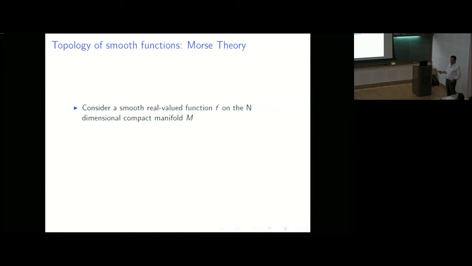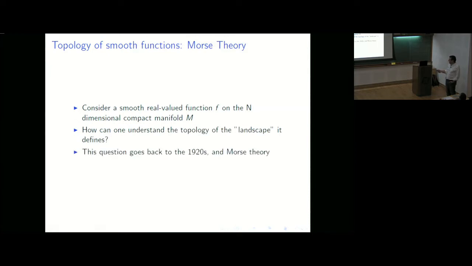Let's take it compact to make it simple, and n-dimensional. Now you ask yourself, how can you understand the topology of the landscape? This question goes back to the 20s and to Morse, Marston Morse, one of the first important US mathematicians.